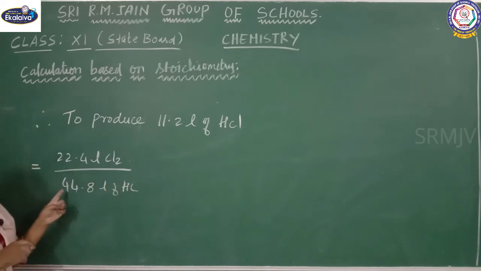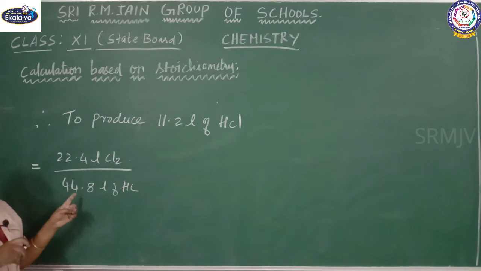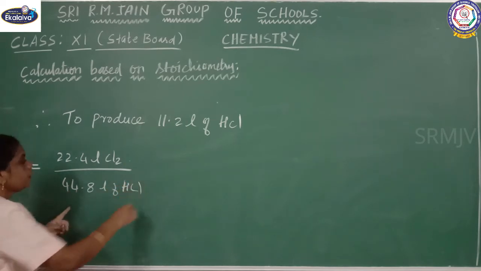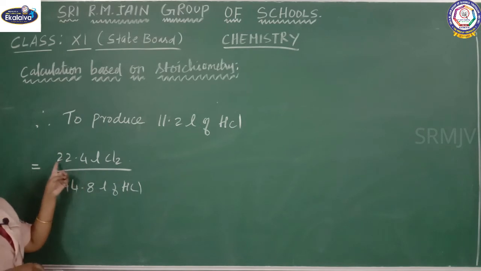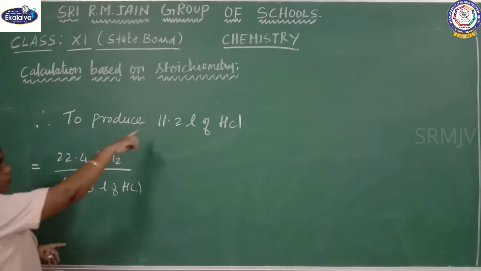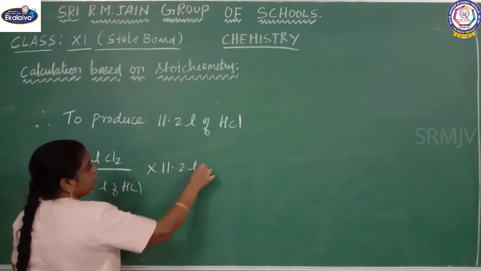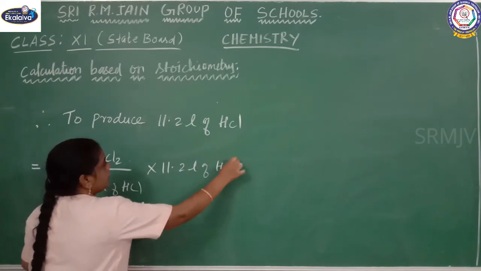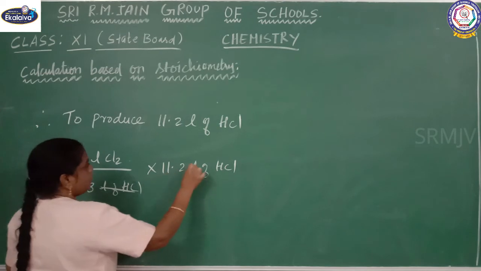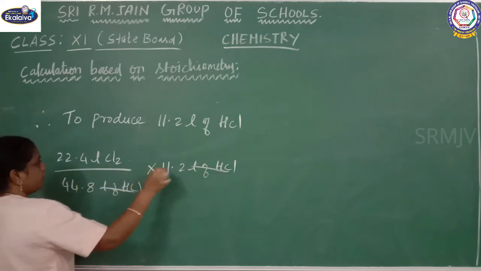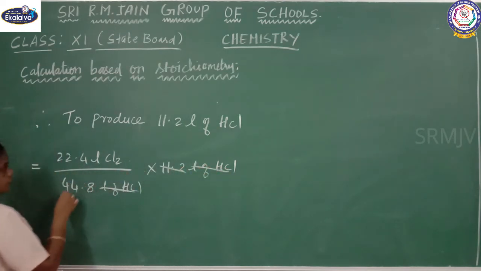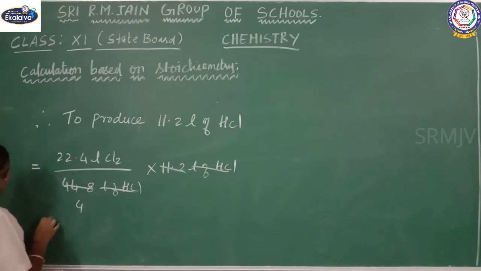So to produce 44.8 liters of HCl, the volume of chlorine required is 22.4. Now we want to calculate for 11.2 liters of HCl. So now the liters of HCl, you can cancel this, it becomes 4.